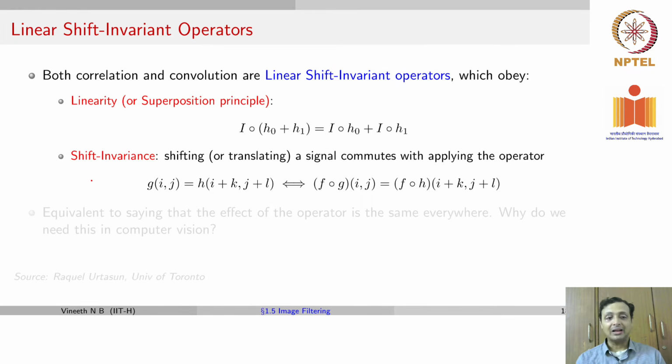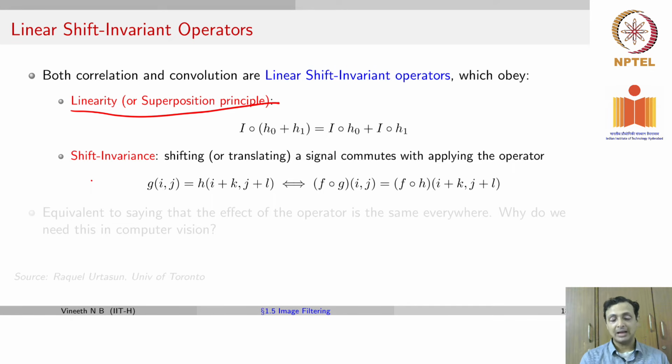It happens that correlation and convolution are both what are known as linear shift invariant operators. Those of you with a linear systems or signal processing background may already know this.